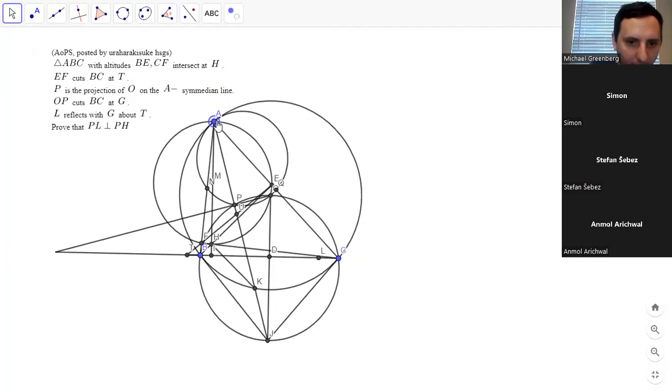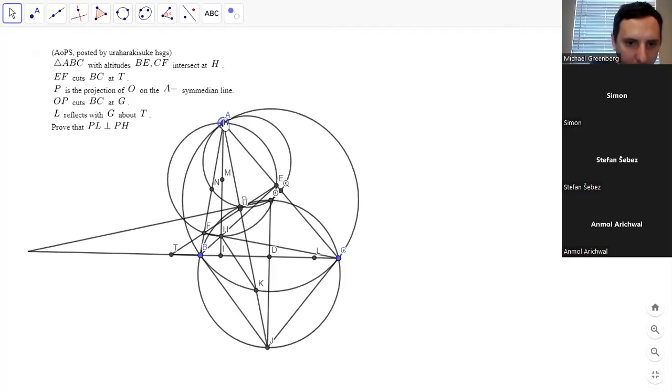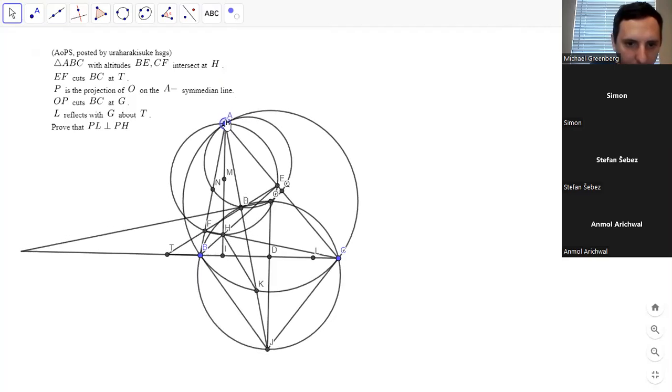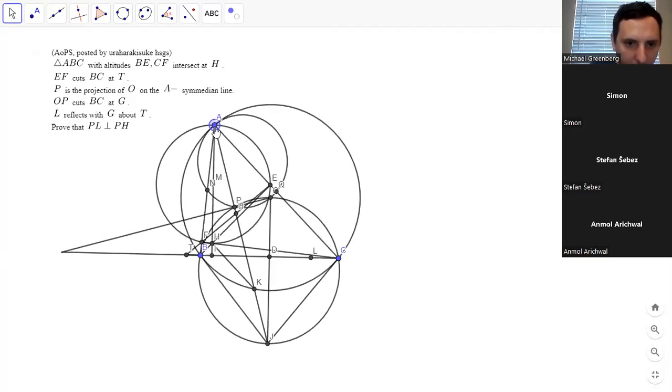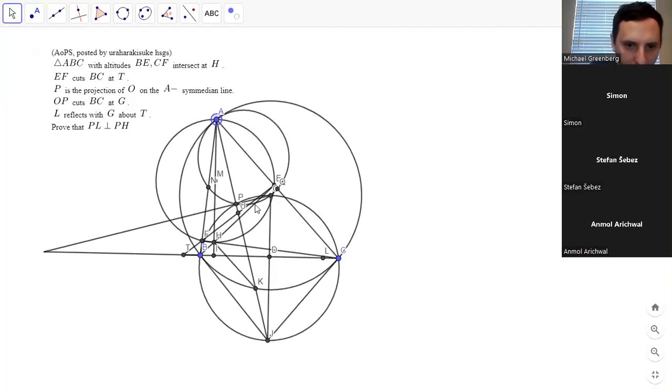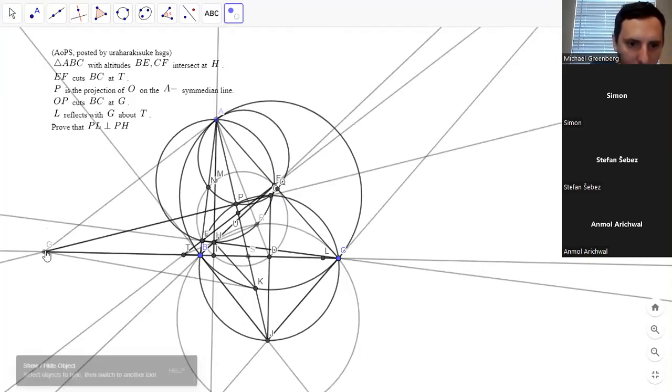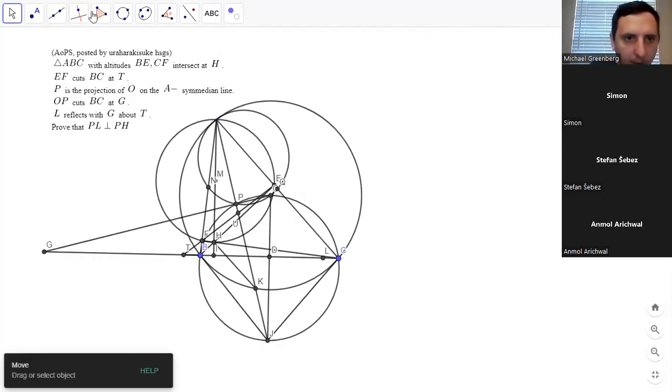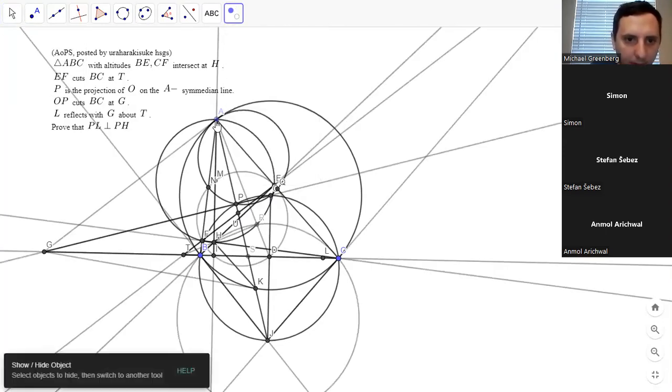Let me make it so L lies on the segment BC. So yeah, we want to see P and we want to see U. So I'll try to make a diagram where we can see both those. Do we need the midpoints of AB and AC? I don't think we need it.